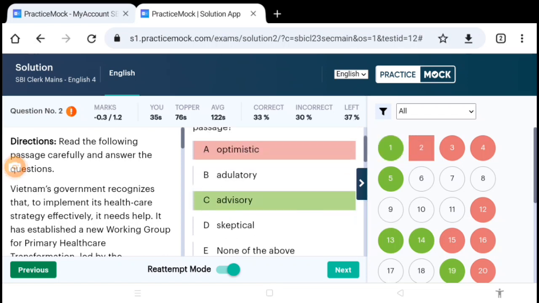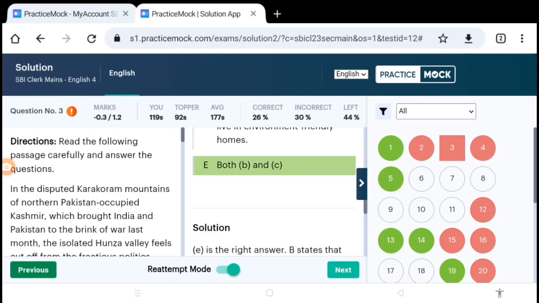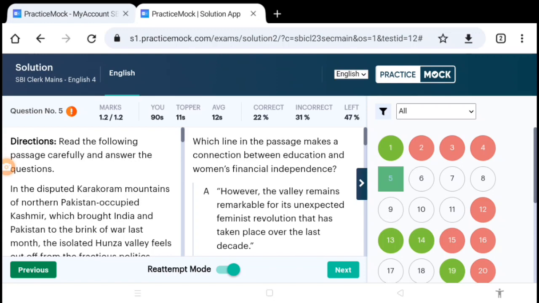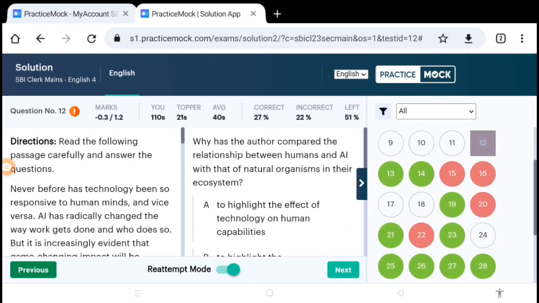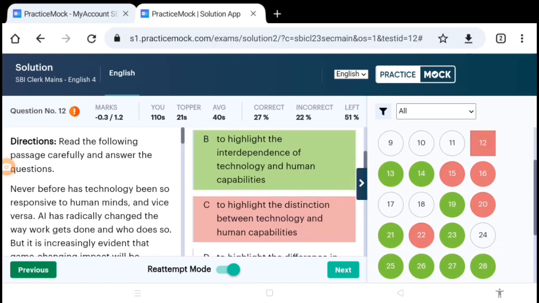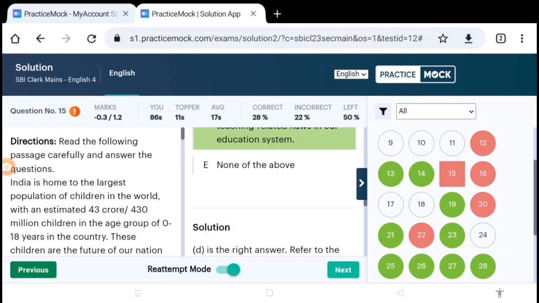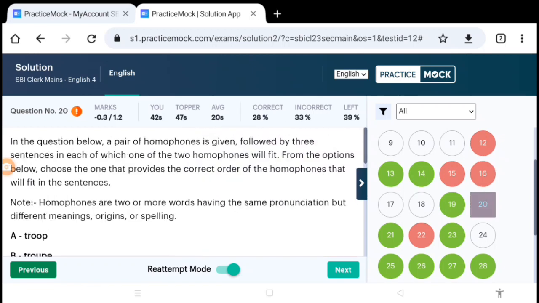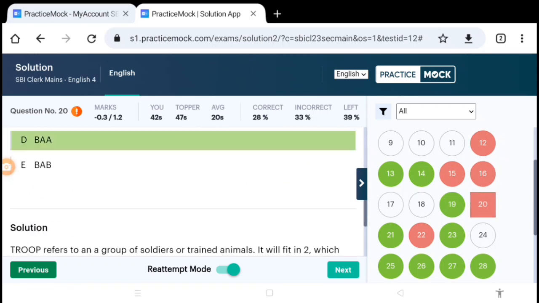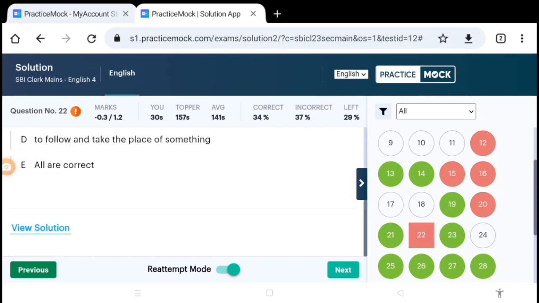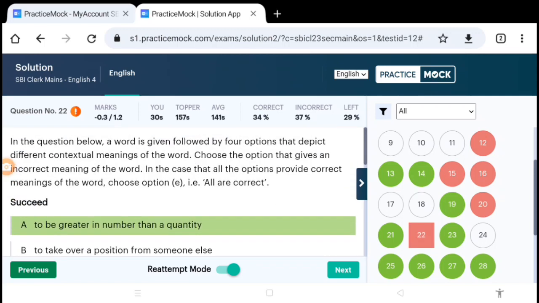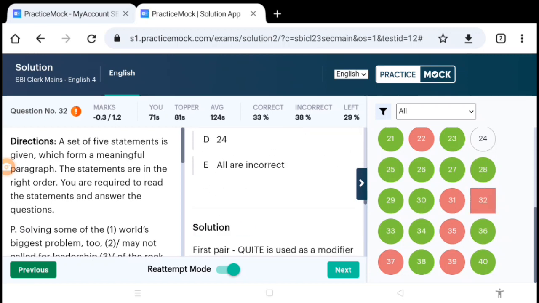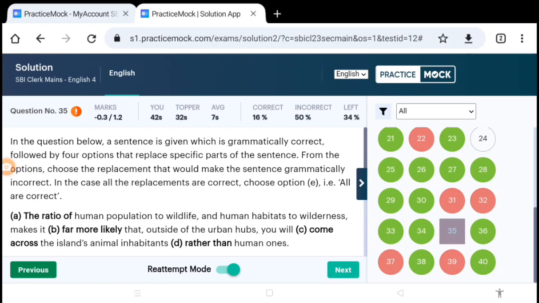I think it is advisory, and third is B and C. Fifth is correct, and again 12th, 15, 16, 20, that is 22nd, then number 31, and 35.